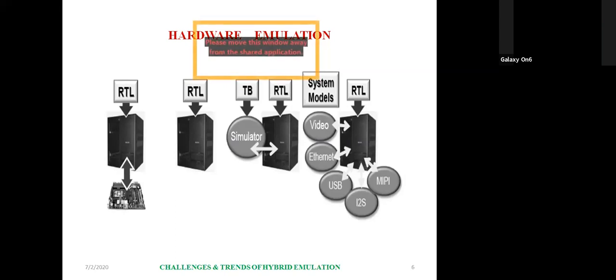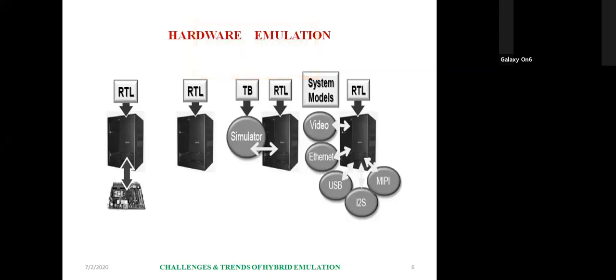Here an FPGA is there, where you can see an RTL directly links with your ZeBu server or Veloce or any prototyping platform. Here you can see a test bench that can create a simulation and drive the test bench, and the RTL can drive into the prototyping platform.